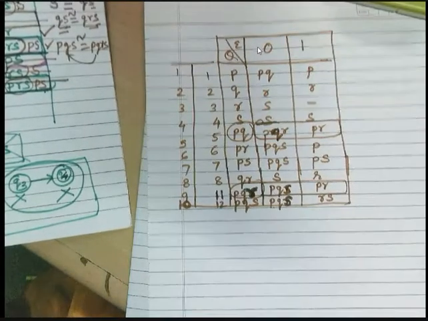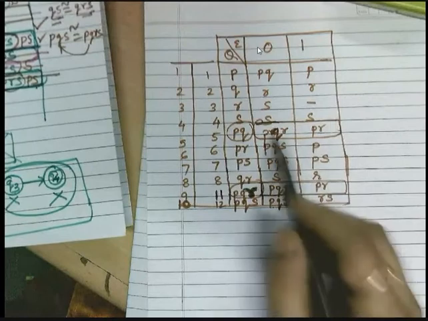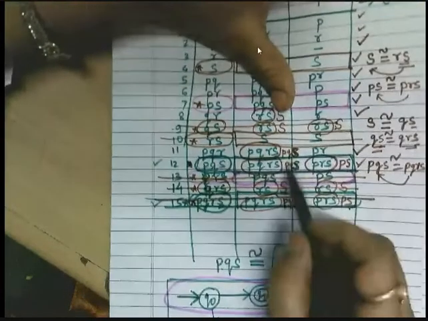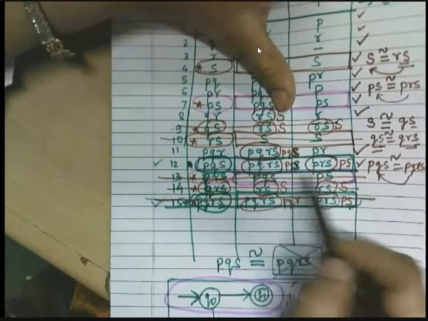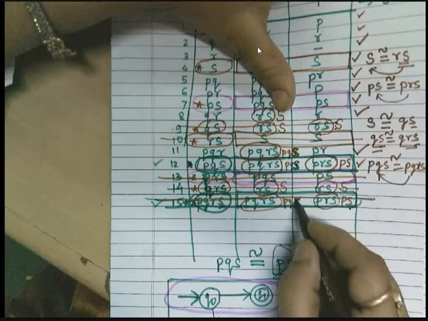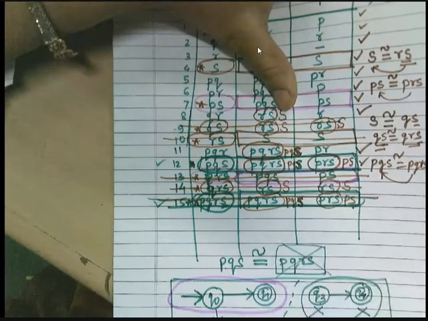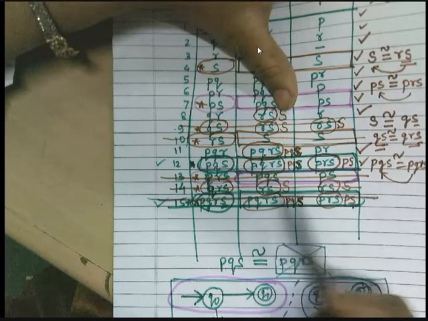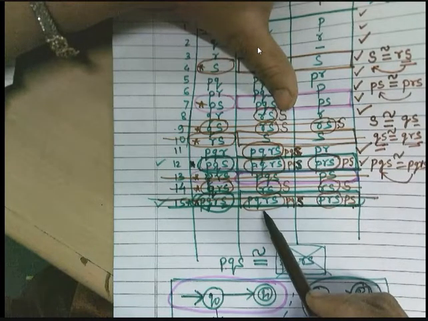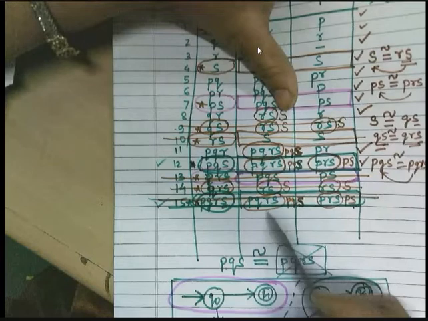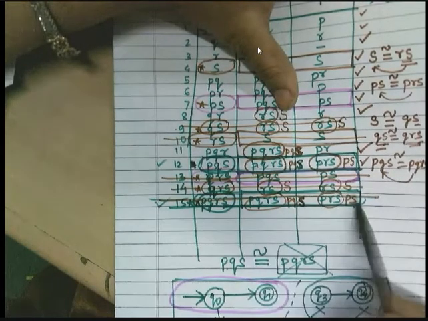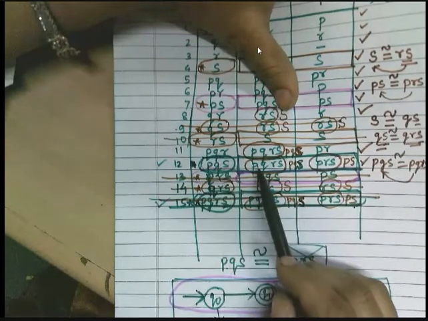Okay. So now see once again. One minute. Let me check once again. This PQS, PQS. This is also PQS, right? And we have made equivalence of PQS and PS, PQRS, and we have replaced this PQRS with PQS, right?